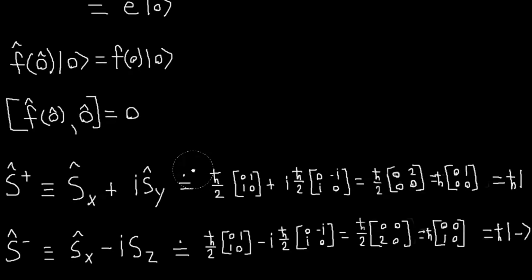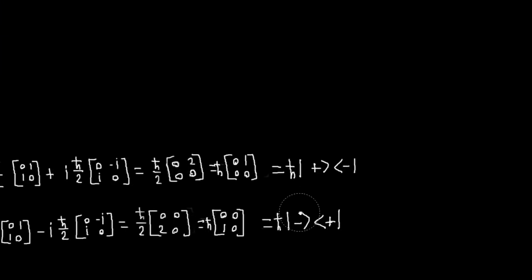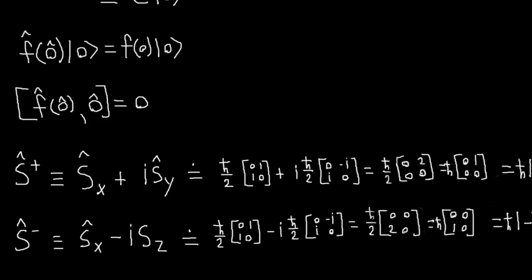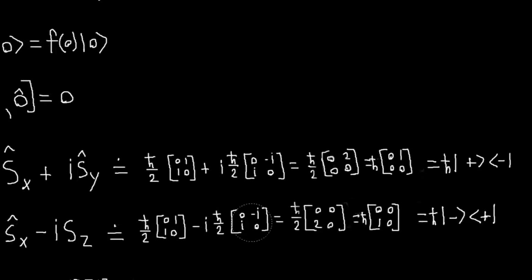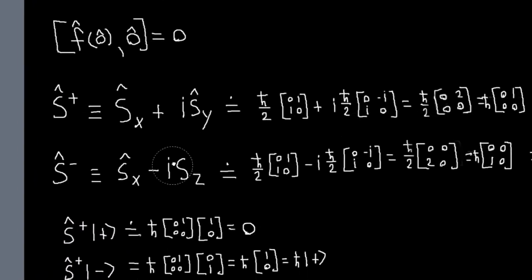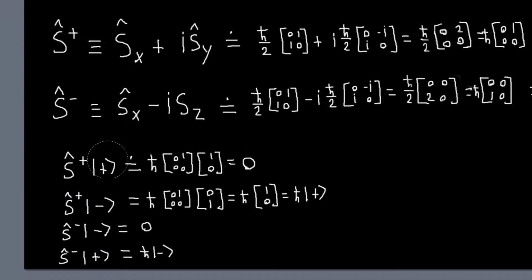These are just the outer product representations, and they're defined in terms of the Sx and Sy operators like this. If you work it out in the Sz basis, you'll just find this outer product representation. What we find is that if we act S plus on the minus ket, we get something proportional to the plus ket. So we've increased the z component of the angular momentum on our state.